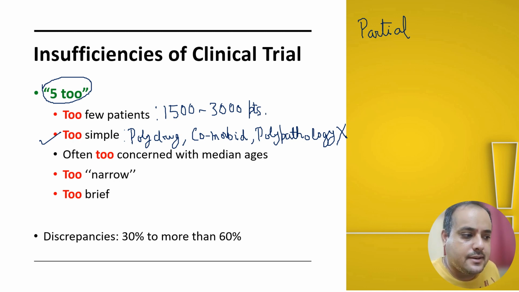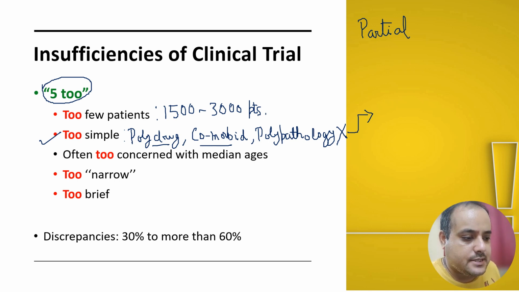But in the real world scenario, especially with the patients who have got chronic diseases, we can have a comorbid patient, as there can be other comorbid conditions. The patient can consume a number of drugs, more than a single drug, right? So naturally, the clinical trial, in comparison to the real world, is considered to be too simple.